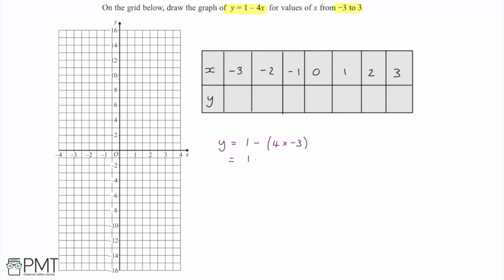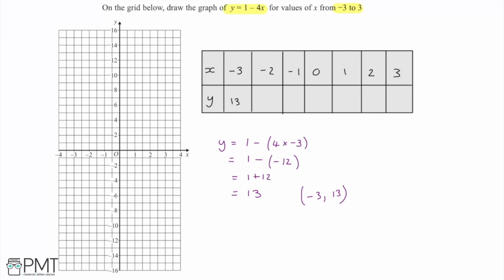So y is equal to 1 minus 12, which is equal to 1 plus 12, because the minuses cancel out, and give me an answer of 13. So then I'd substitute 13 into here. And now I know that I have to plot the point on my graph, minus 3, 13. That is going to be a point on my graph.